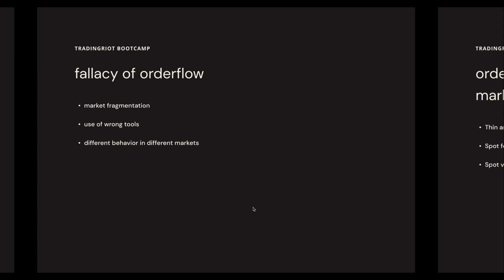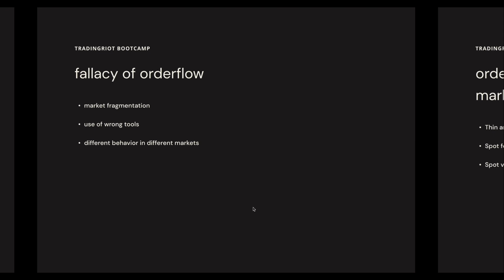Different behavior in different markets. Also, what people often think is that they can trade any market. This is usually when it comes to day trading: you can trade Nasdaq, watching the order flow in that market, and then one day decide to switch and trade bonds. This is not how things work. Every market has its own nuances.